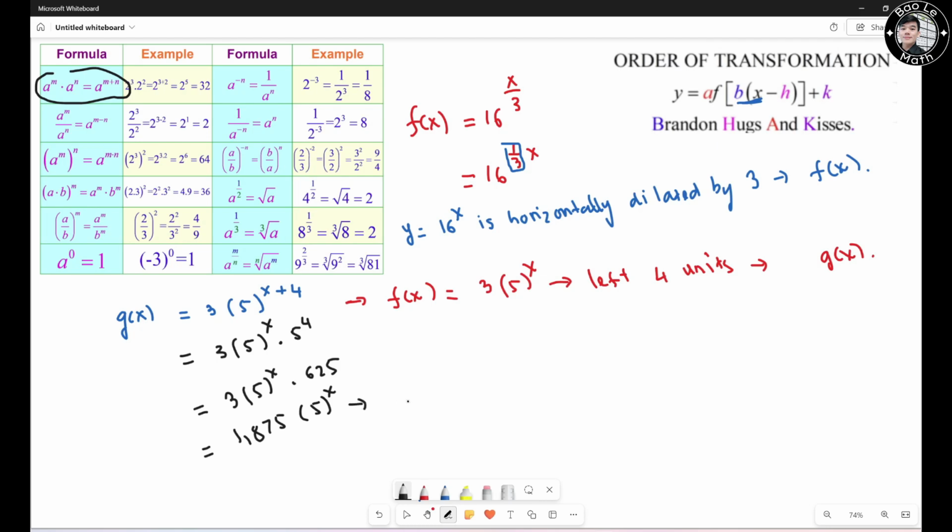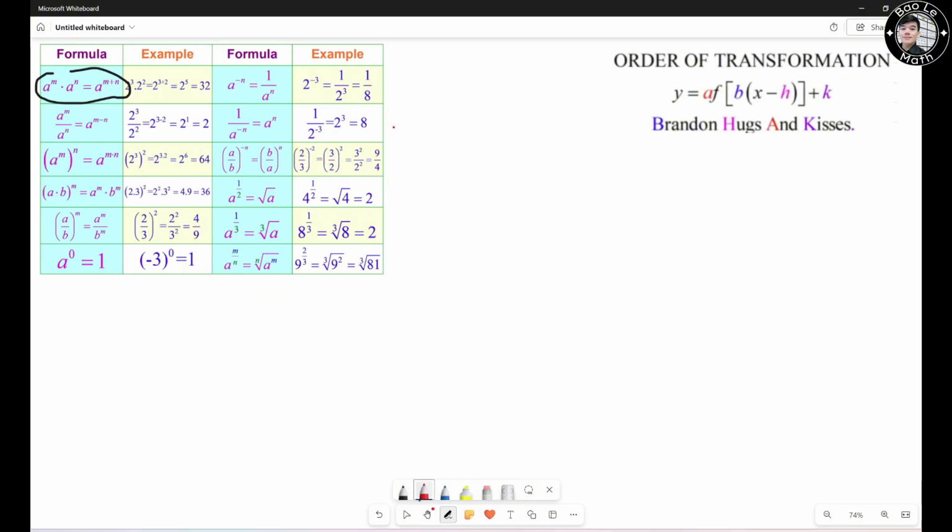So this is actually the function h of s equal to 5 to the s vertically dilated by a factor of 1875 to get the function g of s. Now let's move on to the next example.